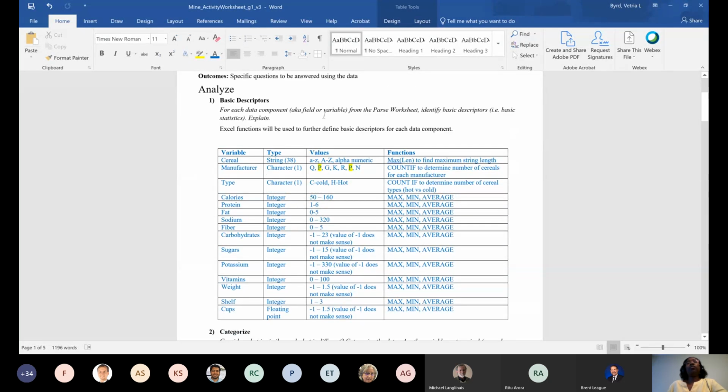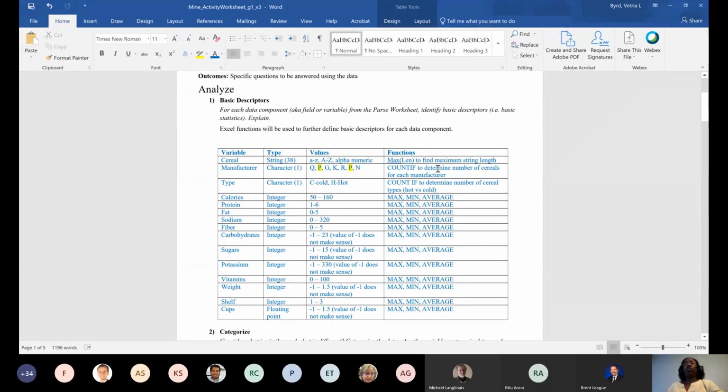In the first part of this, the analysis part, we're looking at the basic descriptors for each of those fields. As you can see, with each worksheet, I'm going deeper and deeper, finding more and more information about what I could possibly do with those variables. I've added an additional column for the different types of functions that could be used.